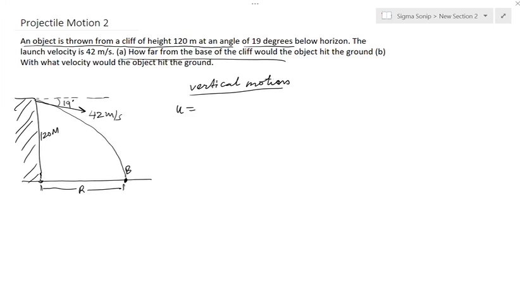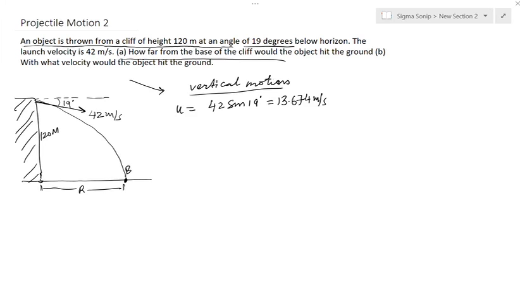So the initial vertical velocity is 42 sine 19, which equals 13.674 meter per second.